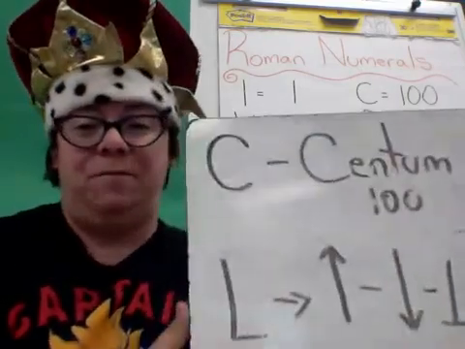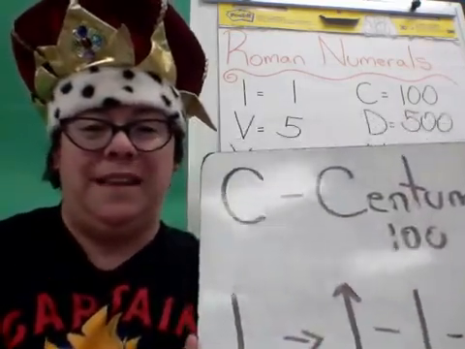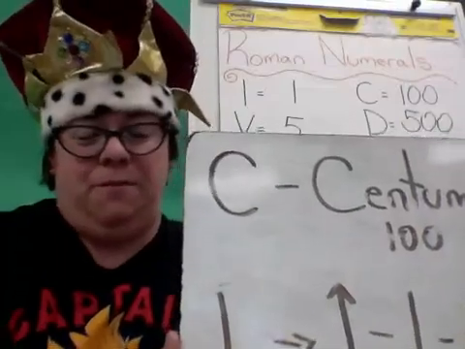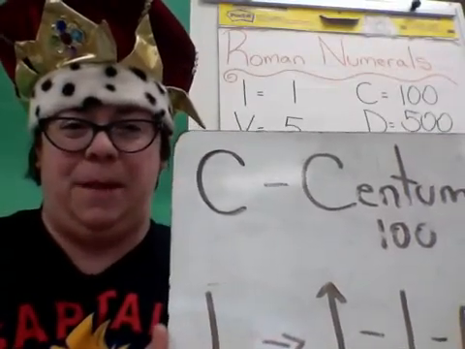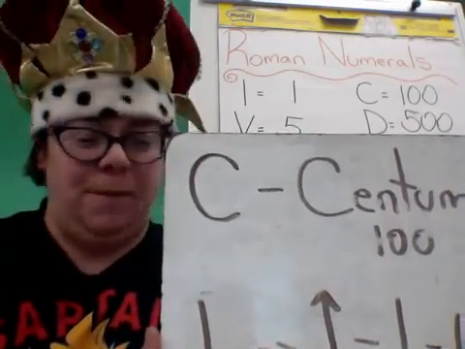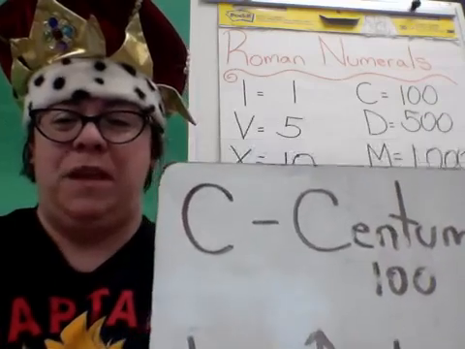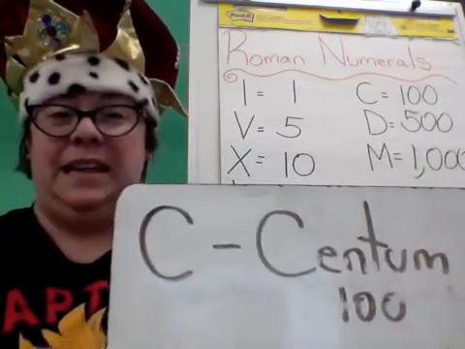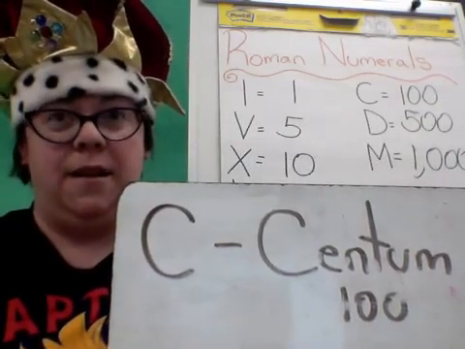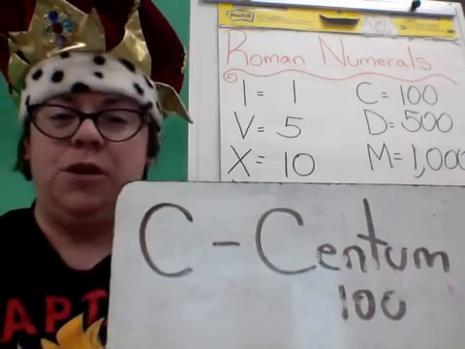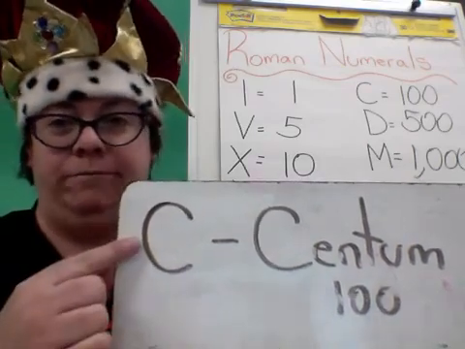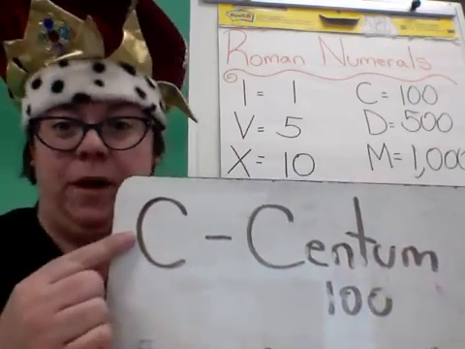For our C, well, we're lucky that, when they were naming these things and coming up with them, some of them make sense, like the C. The C, in Latin, centum means 100. So they stole the front letter from the C for 100.